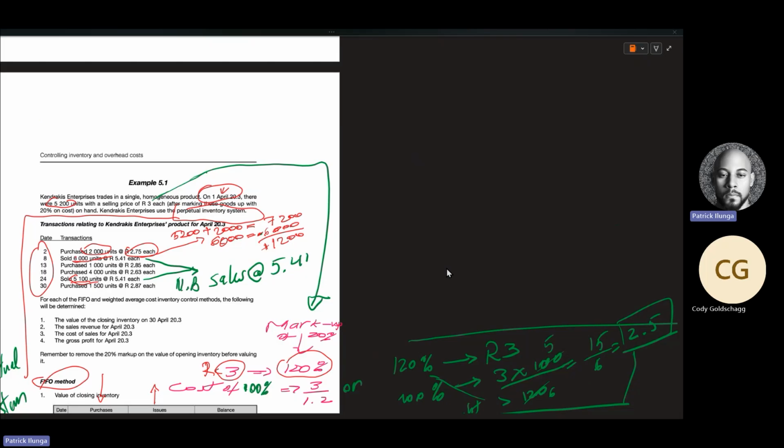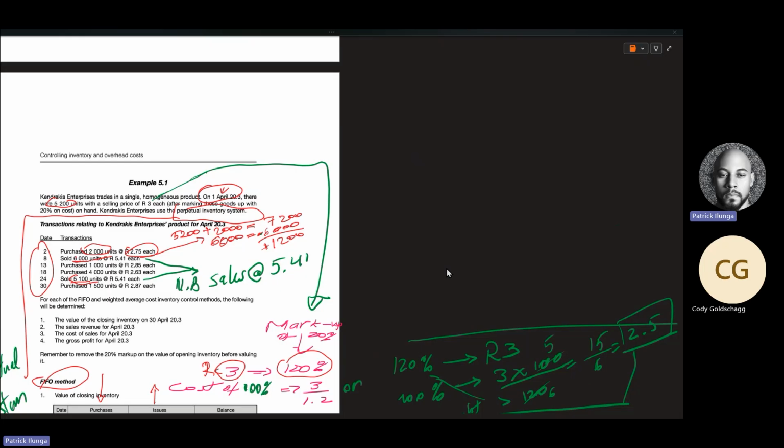What is provided again to us is that there is a markup. You know the markup, you know what it means. It's what we add to the cost to get to the selling price, right? So they gave us the selling price, meaning that we don't have the purchase cost. We don't know what is the price per unit, or the cost, sorry.